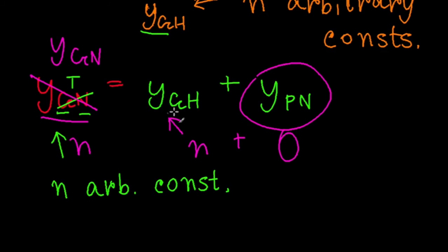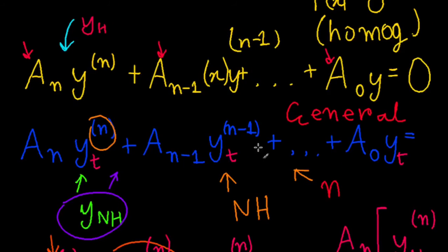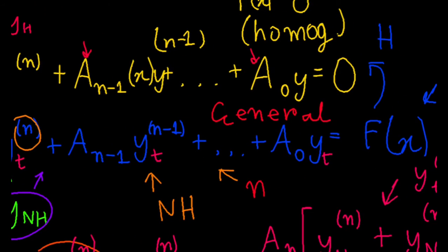So what this means is that the general solution to my non-homogeneous differential equation is going to be the sum of the general solution of the corresponding homogeneous differential equation. All I need to do is take that non-homogeneous differential equation and set the right side to 0.